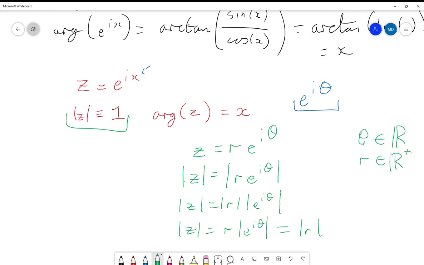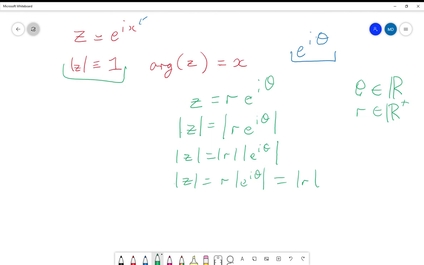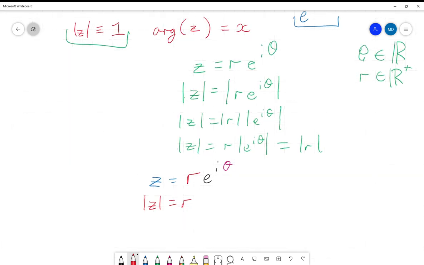So in fact, if we have a complex number, and this is absolutely incredibly key, if we have z equal to r e to the i theta, then the modulus of z is r, and the argument of z is theta.